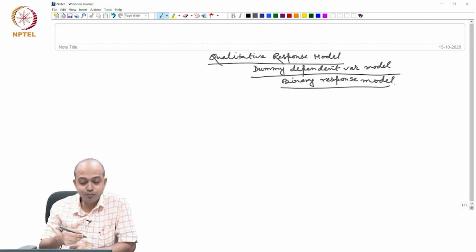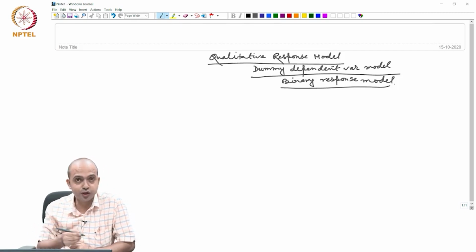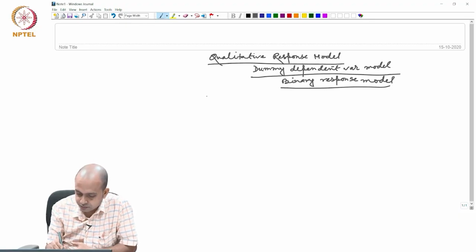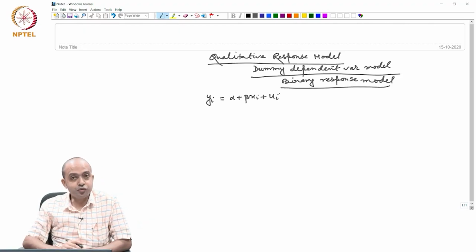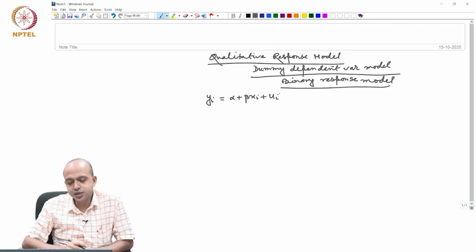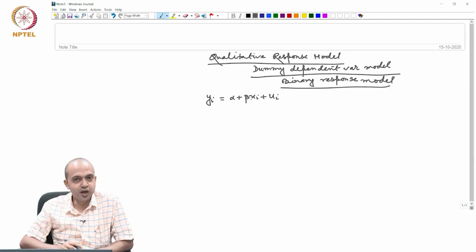Because the other name of the dependent variable is response, right. So, let us say that yi equals alpha plus beta xi plus ui. Now, in the context of dummy variables, what we discussed was that sometimes our independent variable, this xi, may become qualitative in nature, and we were discussing gender, caste, PhD, non-PhD, and so on.